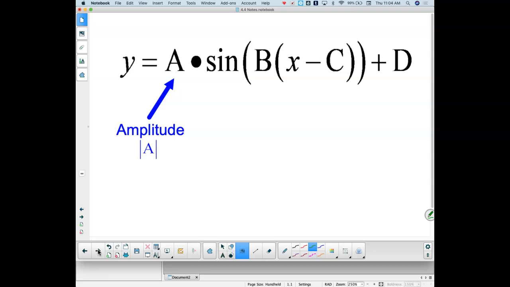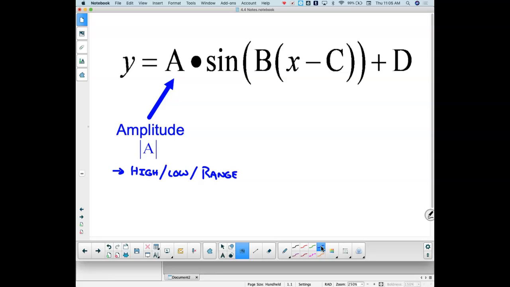Those last couple of days we were talking about A and how A is the amplitude. A really has effects on the high. I almost said maximum, which it is. The high is the maximum. It has effects on the low, and it has effects on the range.